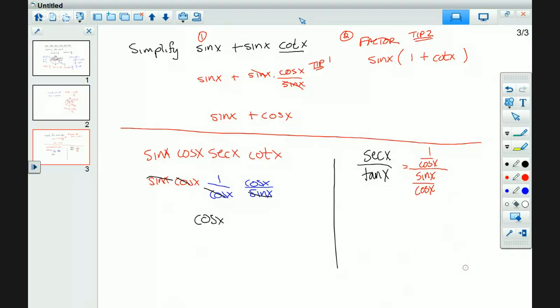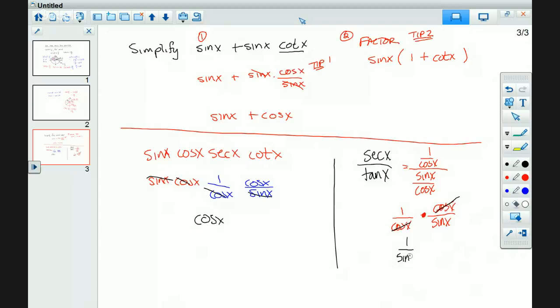Yeah, fraction division is copy dot flip. So times, and you can see I want 1 over sine x.